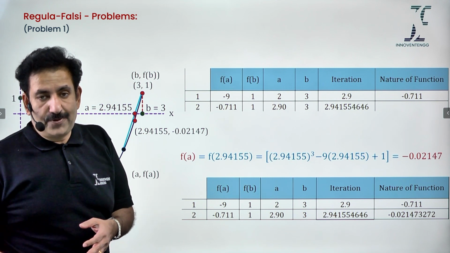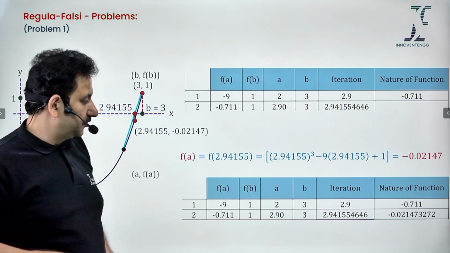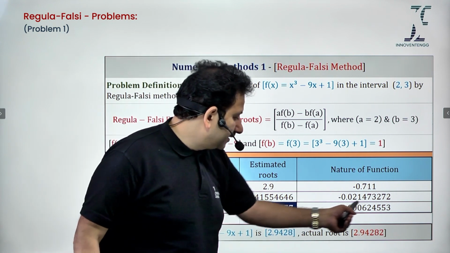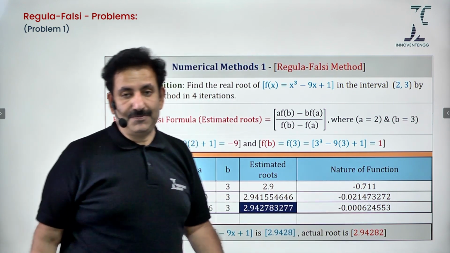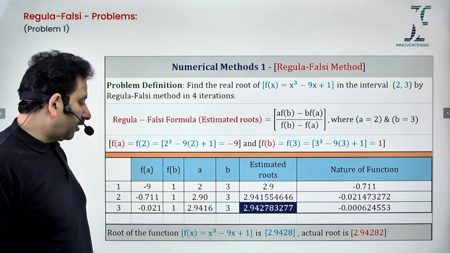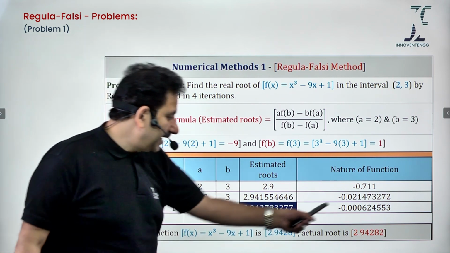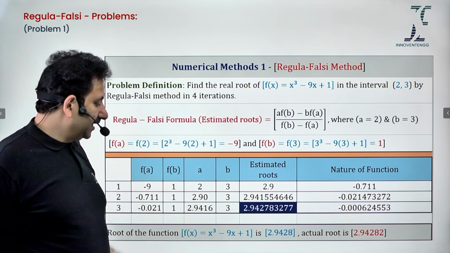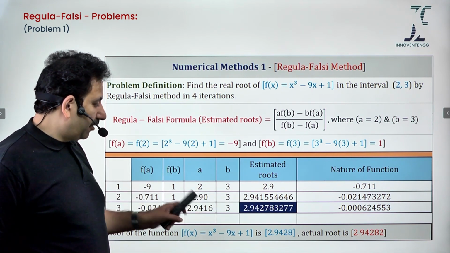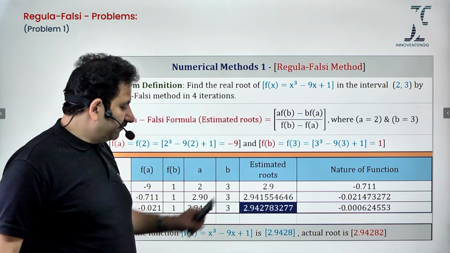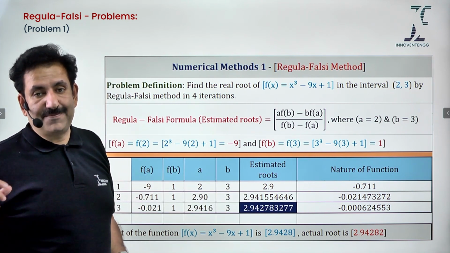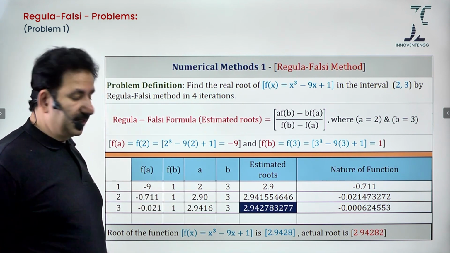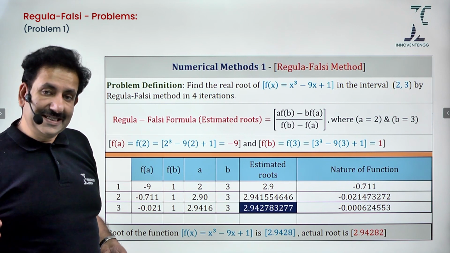The root is a point where the value of the function goes to 0, and you can see that the value of the function at this particular point is practically 0, and it is acceptable. There are two ways of halting your iteration. One is to look at the value of the function, which is going to be almost 0, and the second one is that the progression of the roots will be very, very minimal arithmetically. That means in terms of numerical value, the change is not going to be significant.